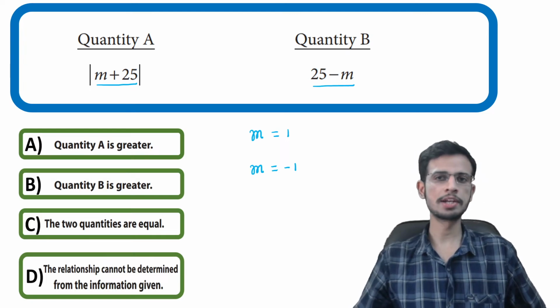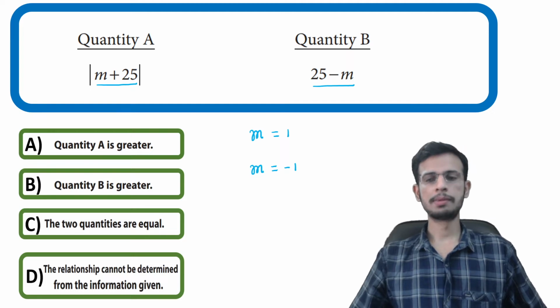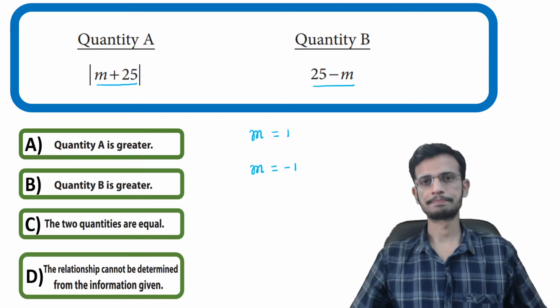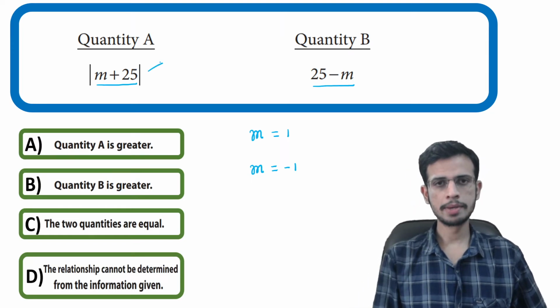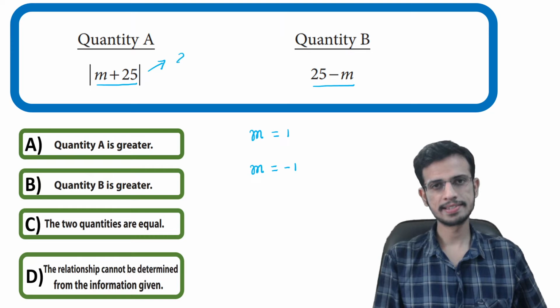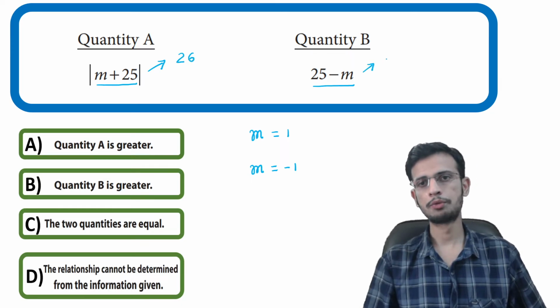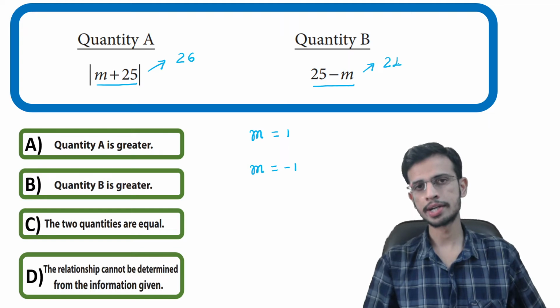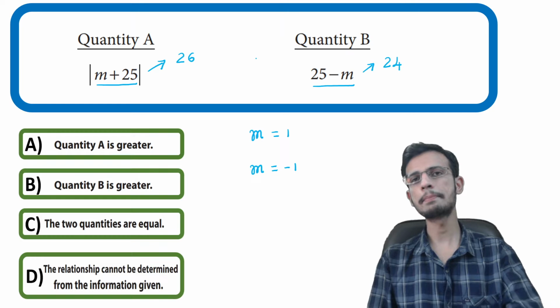But you have to check for all the possible cases. If you put m equal to 1, this will become 26 and this will become 24. So we will say quantity A will be greater than quantity B.